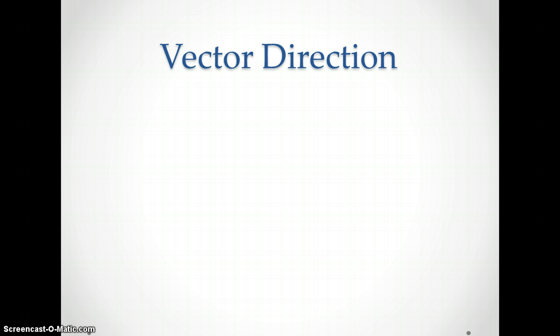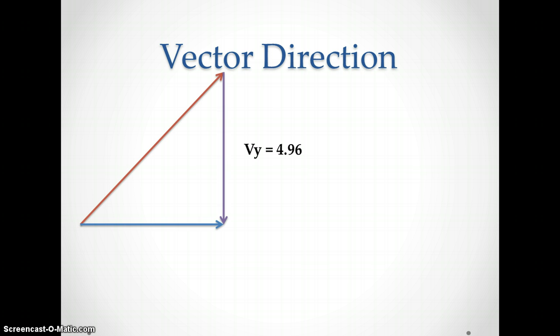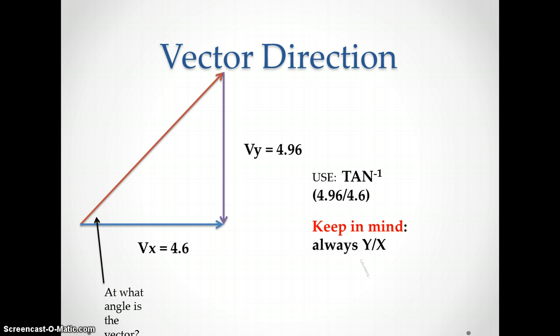So the vector direction is another part of calculating the sum. We want to look at our components again, and we already know that y equals 4.96 and x equals 4.6 because of our previous equation. So we want to ask ourselves at what angle is the vector, which is right there.